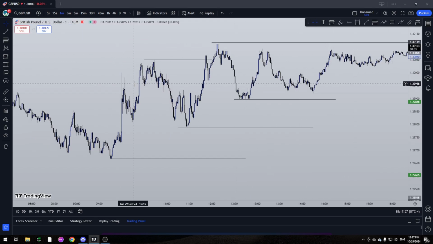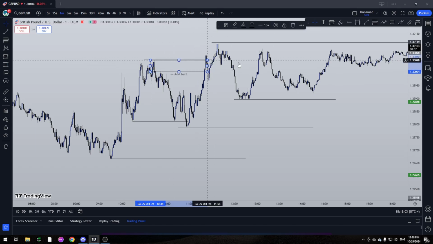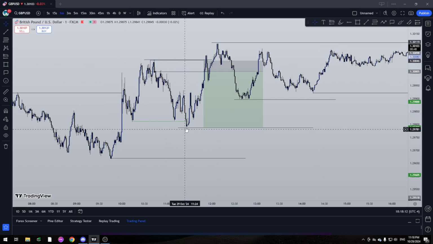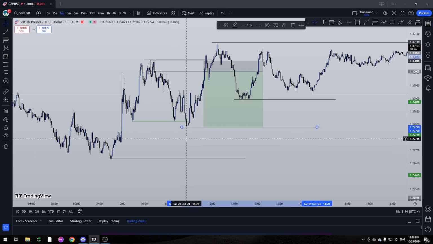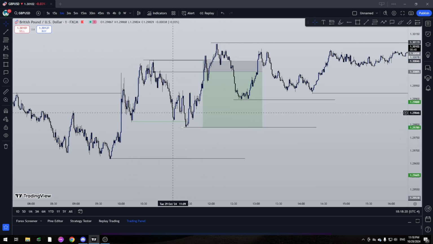Because once again, if you're like, oh, but we took out this low, I want to sell here, you're going to lose. Why are you going to lose? Because your main structure low has not been taken out, which means the market is still going to go bullish. There is no bearish indication whatsoever.